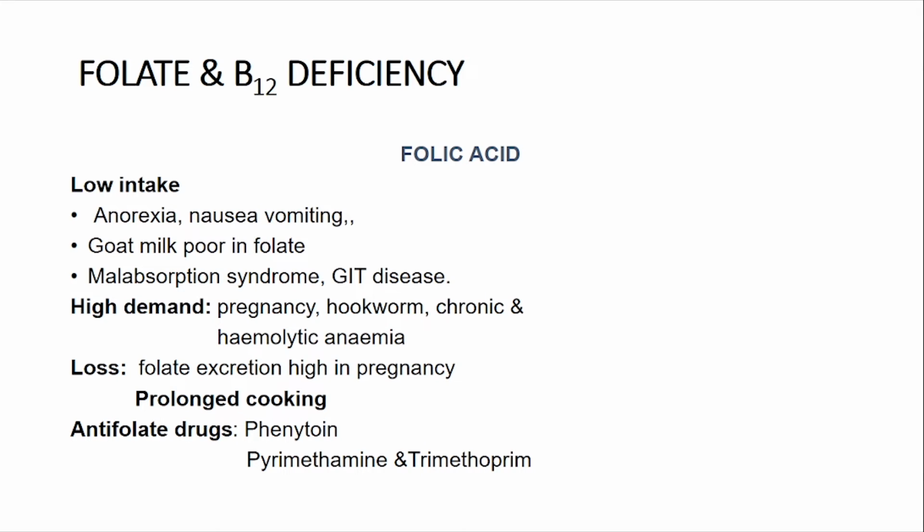Folic acid deficiency is also one of the causes of anemia in pregnancy, and this could result from low intake, from anorexia, nausea, vomiting, malabsorption syndrome, and also from GIT diseases. Also, loss of folate as it occurs during pregnancy could lead to deficiency of folic acid.